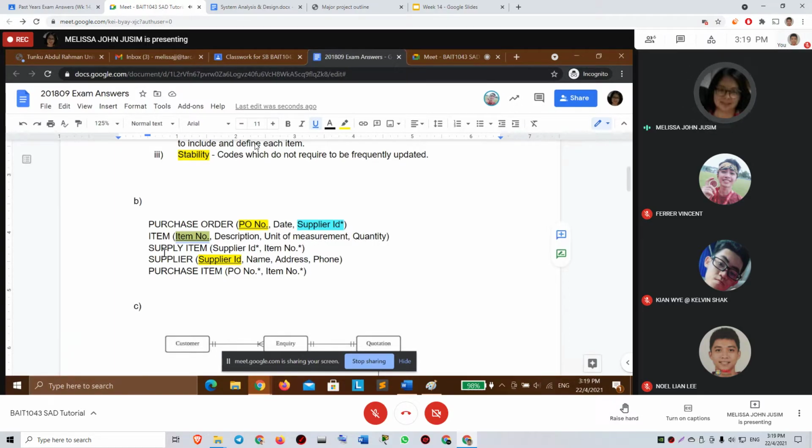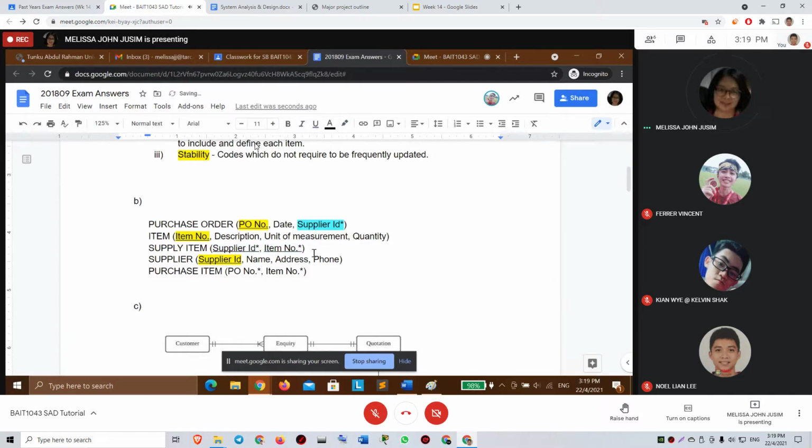Next, supply item. I believe this is the bridge entity or associative entity. For a bridge or associative entity, you should have PK FK, meaning it should be a PK and FK at the same time.